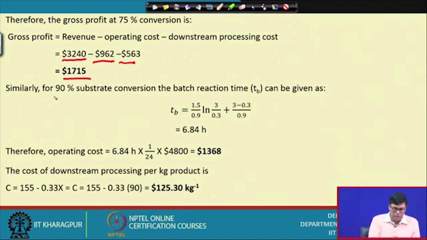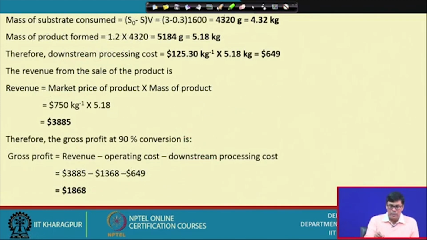Now, we perform a similar cost analysis for 90% substrate conversion, and we find the batch time requirement will be 6.84. If it is 6.84, then operating cost increases to this, and then we find the downstream processing cost is this. We find the substrate consumed increases to this, and the product value also increases. So how much revenue are we getting? 1,868.